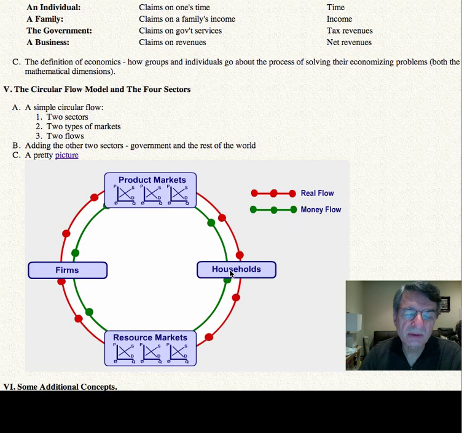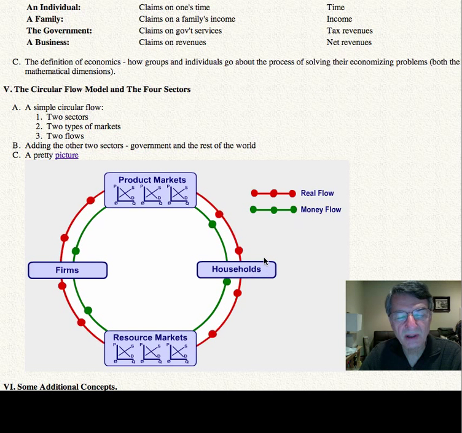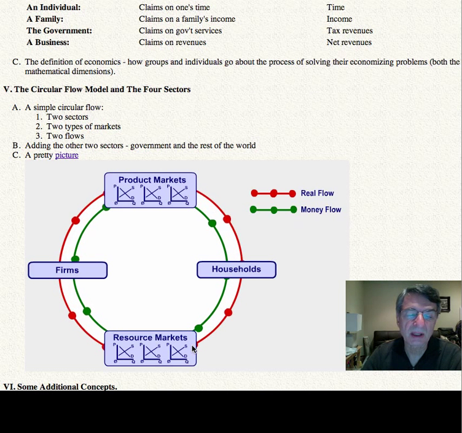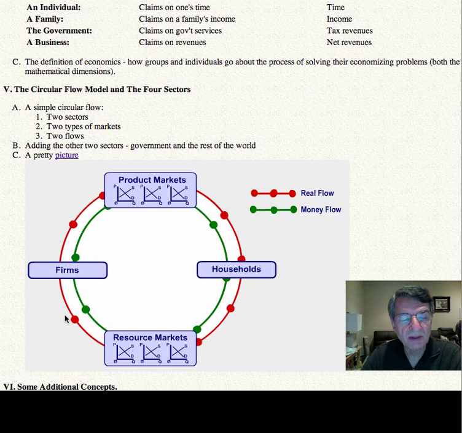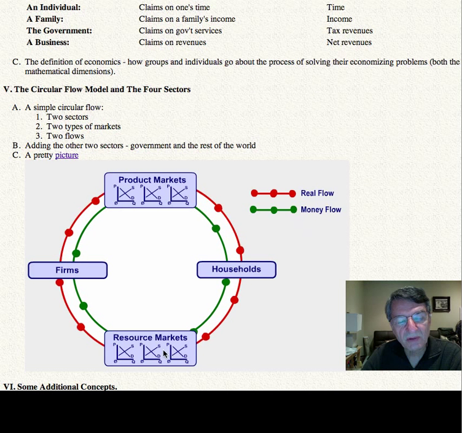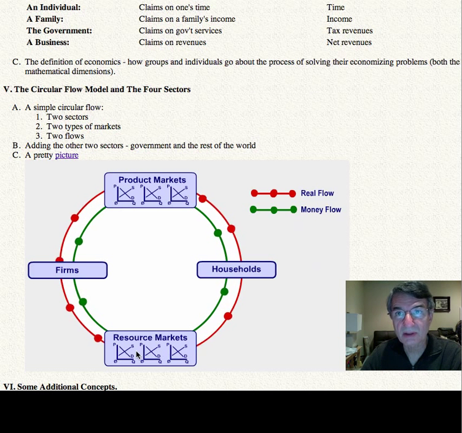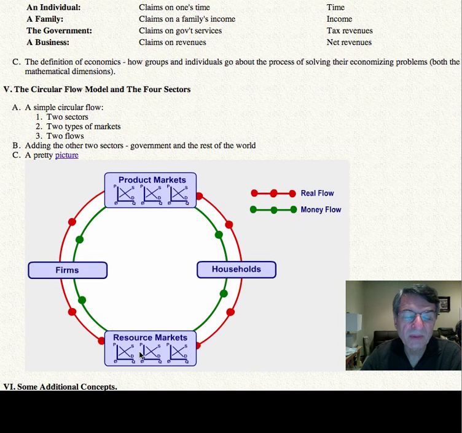So what do households do with the resources? Well, they take them to the resource markets. The more valuable resources are, the more households want to provide them because they get more money for them. And who gets the resources? This red flow shows that firms take these resources from the resource markets where the prices and quantities of every kind of resource are determined, and these prices tell households what to provide more of.